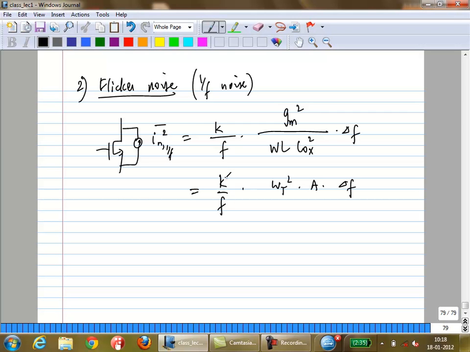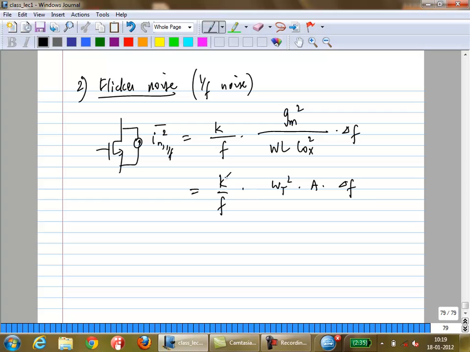But the primary thing you need to remember: suppose you're designing an amplifier, and you have very large flicker noise. How would you minimize it? It might be easier to use this one, apart from this.